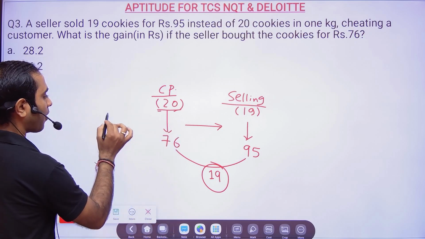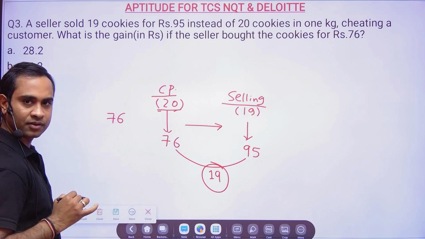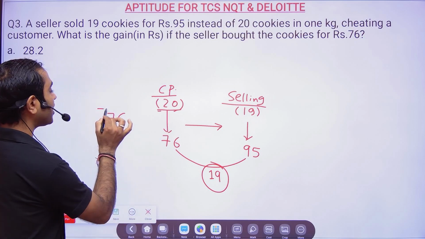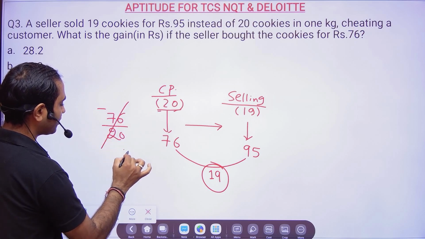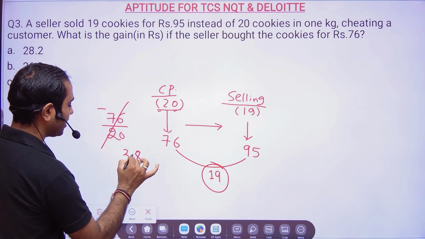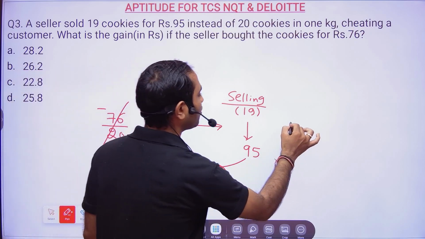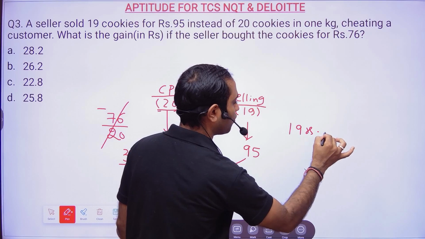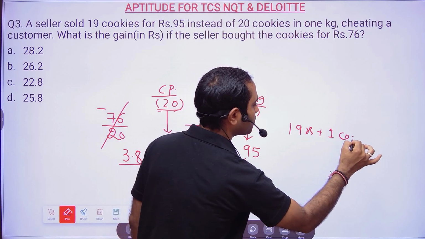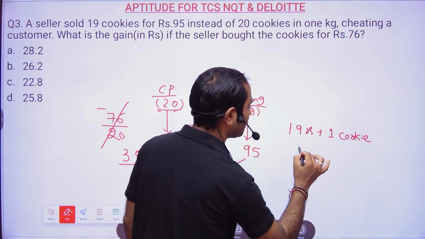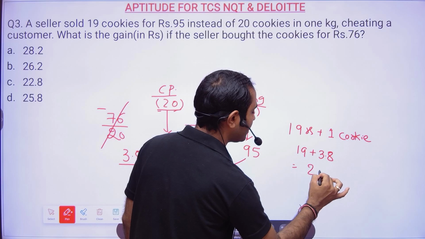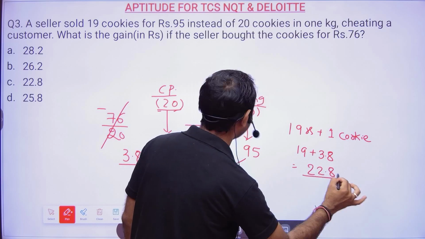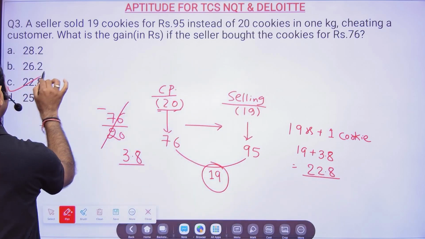He had bought 20 cookies for 76 rupees, so what about 1 cookie's price? It is 38, and by 10, 3.8 rupees. So 19 rupees he is getting profit plus 1 cookie price, and 1 cookie price is nothing but 3.8. So it is nothing but 22.8. Is there any option? Yes, option C is the correct answer.